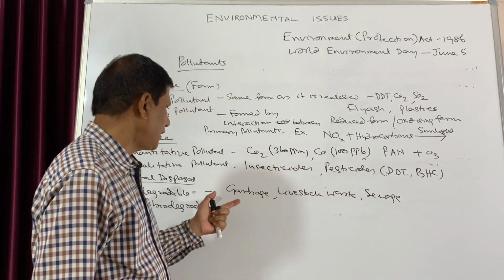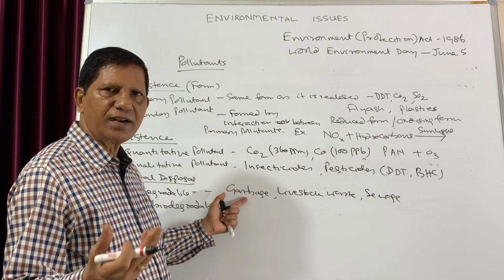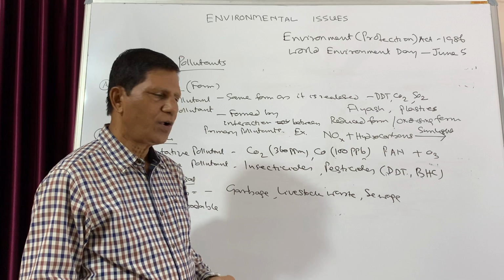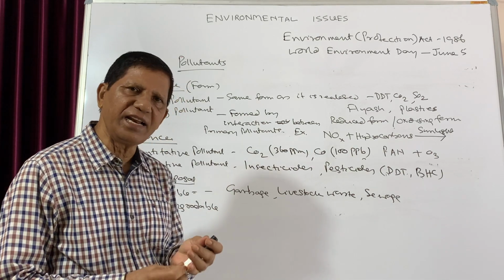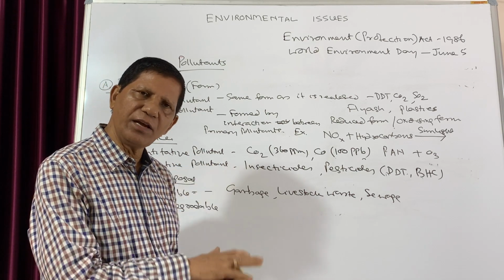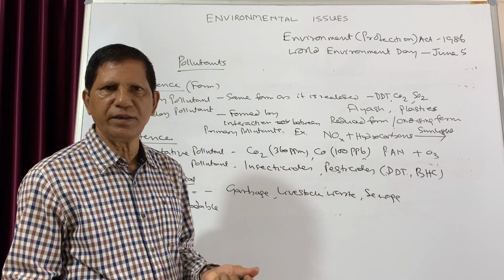So whether it is market garbage or livestock waste or sewage, all these are degradable due to the action of microbes. Either automatically they will be degraded, or we can treat them in treatment plants.